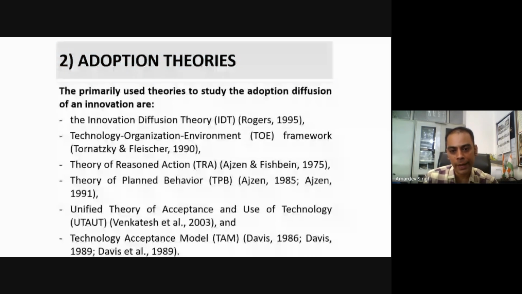It can be the theory of planned behavior, as put forth by Ajzen in different works done in different years. It can be the unified theory of acceptance and use of technology, as put forth by Venkatesh et al. And it can be the technology acceptance model, as put forth by Davis in work done in 1986 and 1989, and again in 1989 with his co-authors.